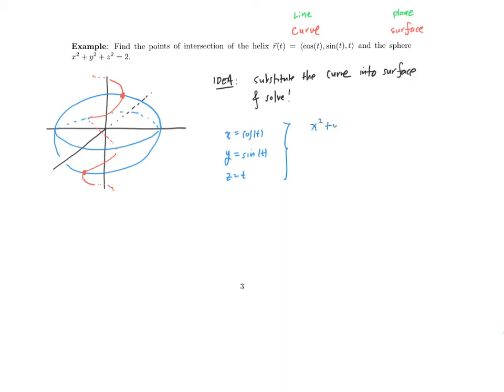So x squared plus y squared plus z squared equals 2 becomes cosine squared t plus sine squared t plus t squared equals 2. And cosine squared plus sine squared, that's something we can work with. That's simply 1 by the Pythagorean identity. So t squared is equal to 1. And as advertised, we have 2 solutions corresponding to t equals 1 and t equals minus 1.